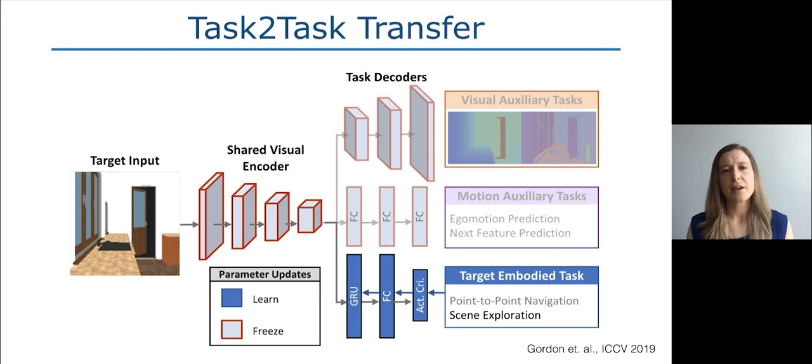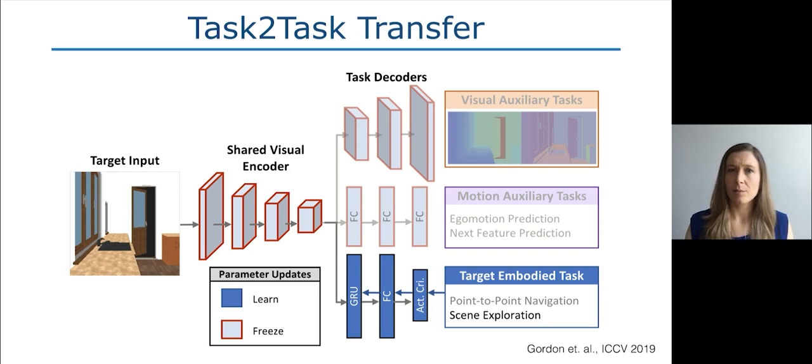And so the idea here is that because you're in the same visual environment, you shouldn't need to update your visual encoder at all, and you only necessarily need to update your embodied task loss or your embodied task decoder, not even the visual or motion auxiliary task decoders, because those haven't changed. And so we can freeze everything in the network and train just with the new task in order to update or fine-tune the decoder layers that have to do with the new target task.